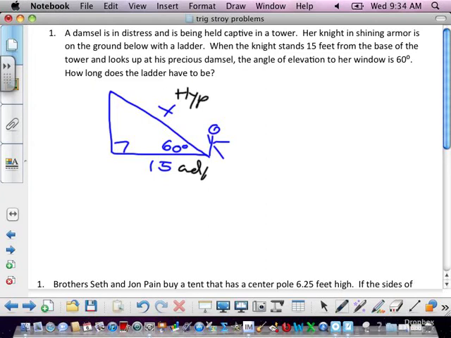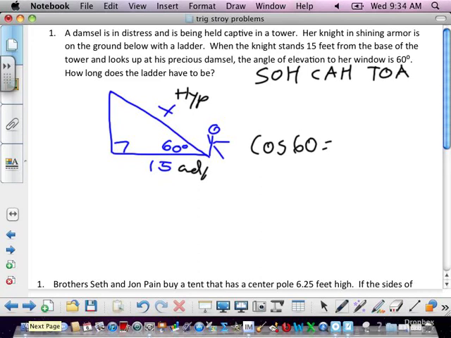Okay, so I'm going to write out SOHCAHTOA again. Which one uses adjacent and hypotenuse? Cosine. So remember, I write cosine 60 equals adjacent, which is what number? Over what's my hypotenuse?